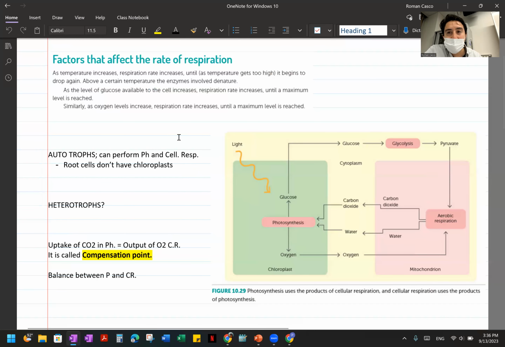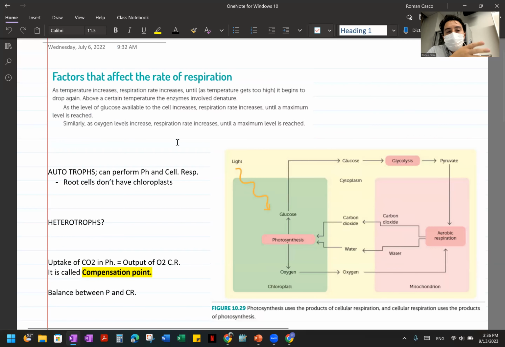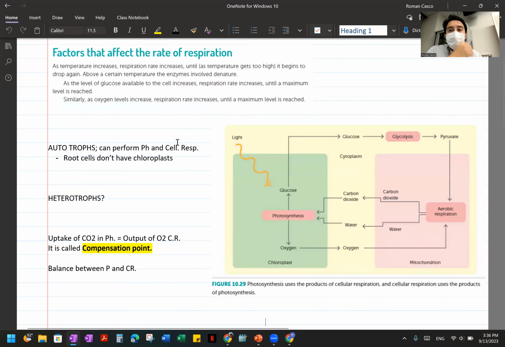Before I get into that, just one last concept here is factors that affect the rate of respiration, very similar to photosynthesis. If you understood what factors affect photosynthesis, then you should understand also the concepts of what factors affect the rate of respiration, right? One of them, of course, being temperature.